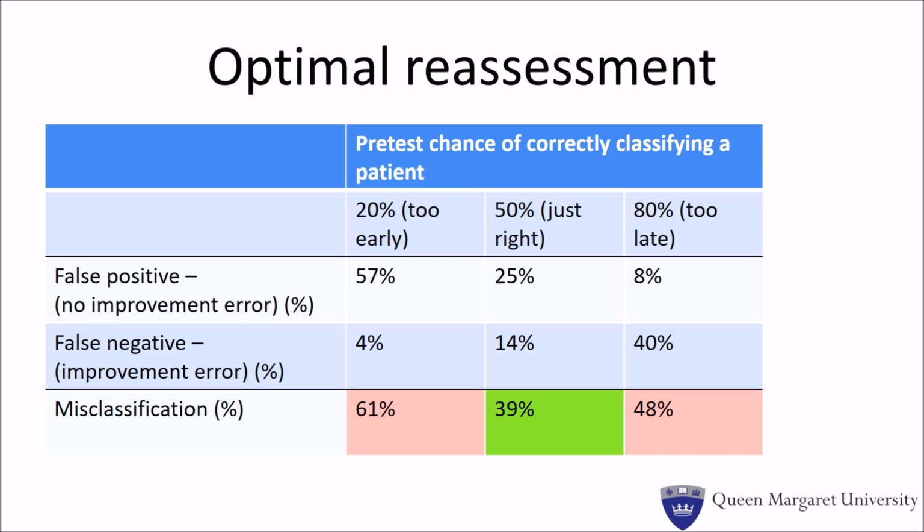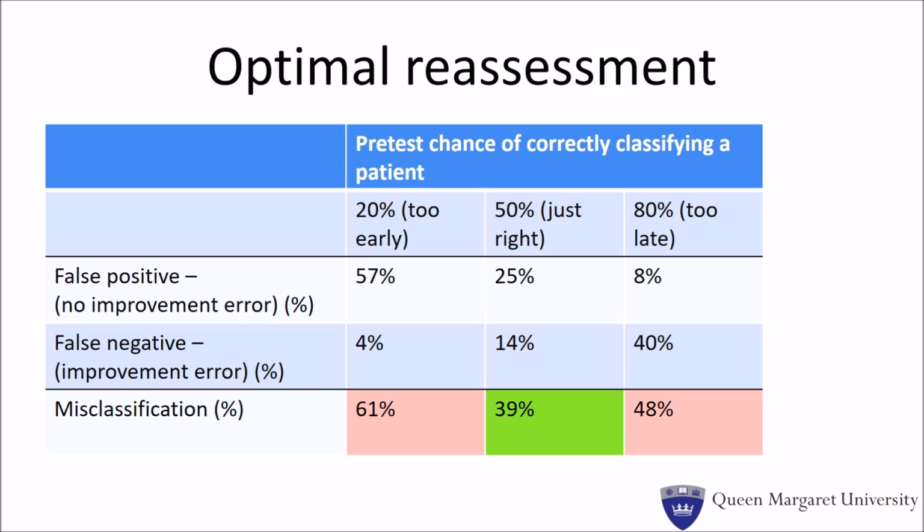However, if we reassess the patient too early or too late, what we'll realize is that if we assess the patients too early, the false positive increases in terms of its percentage compared to when we reassess the patient at just the right moment. You can see that the percentage for false positive is 57% as compared to 25%. However, the false negative actually reduces if we assess the patient too early.